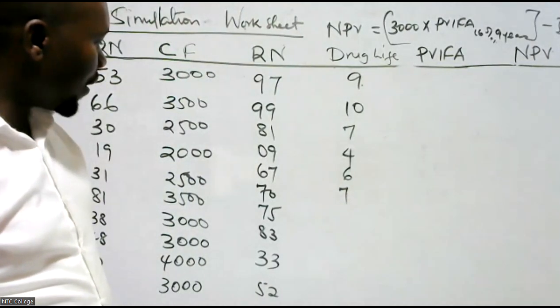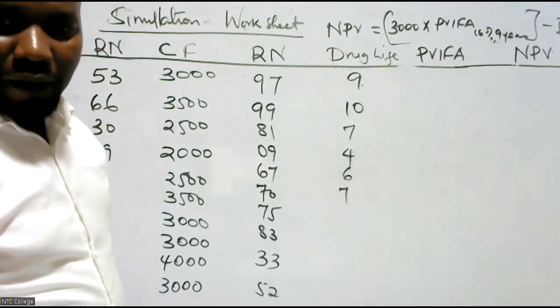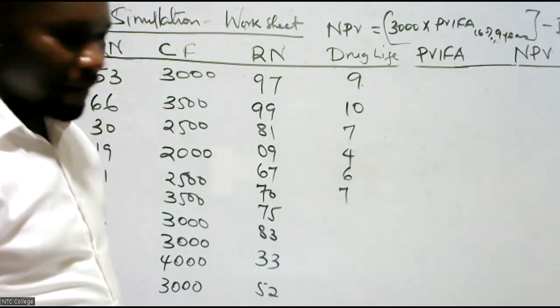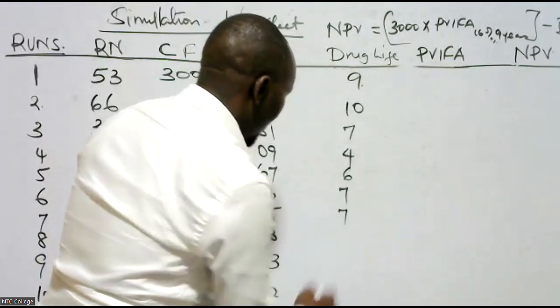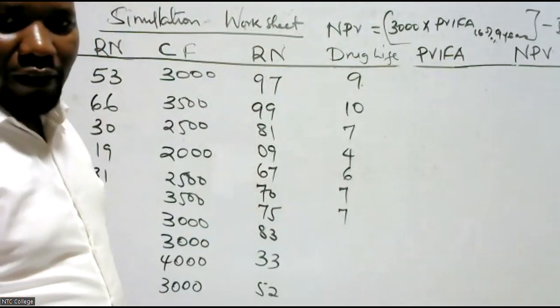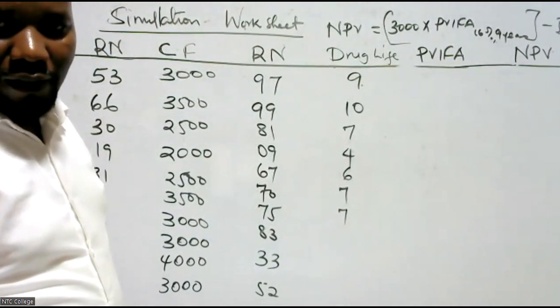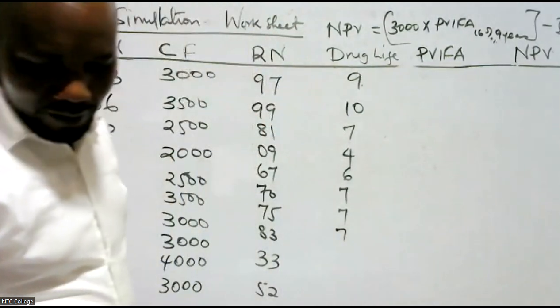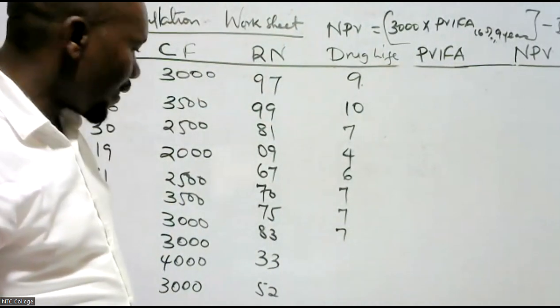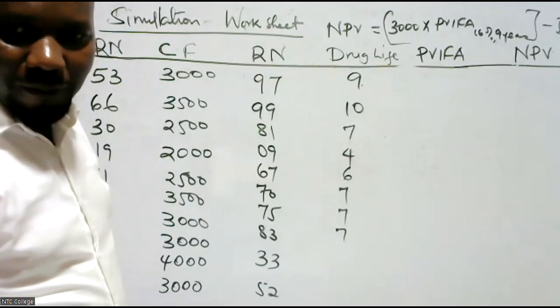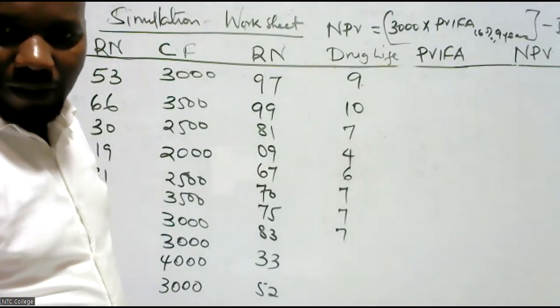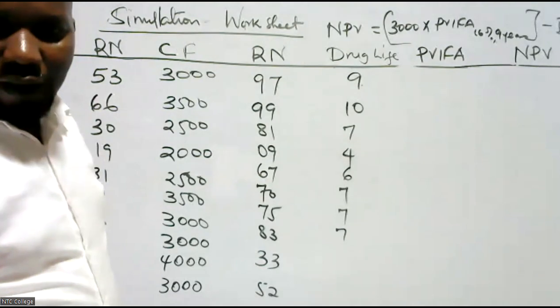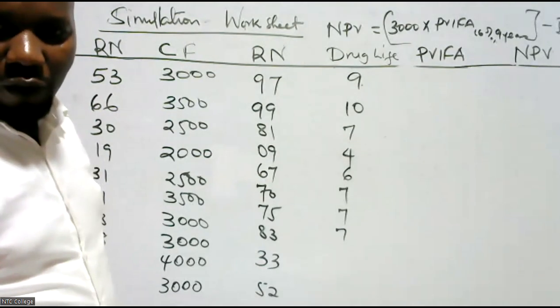No, 7. 78, 75, it's still 7. 83, still 7. 33 is 5. 33 is 5. 5. Yes.